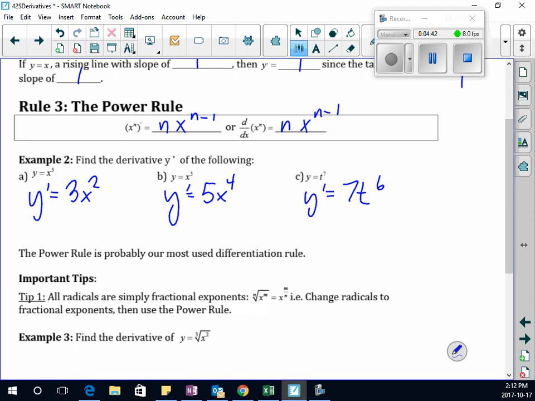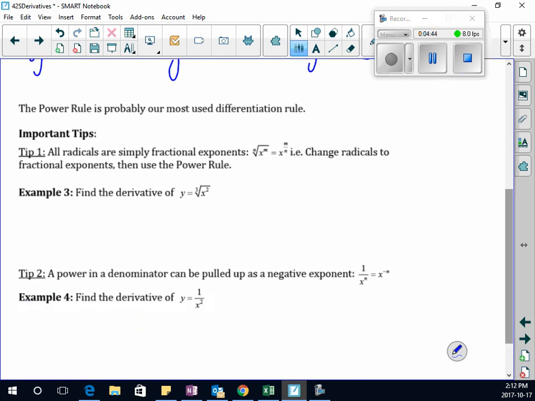So important tips. All radicals are simply fractional exponents. I know some of you have forgotten this, but that's okay. Remember that an n root, the n is a denominator, and whatever is inside goes on top. So convert it, any kind of radicals, convert it to an actual power, and then use the power rule. So what would this be?